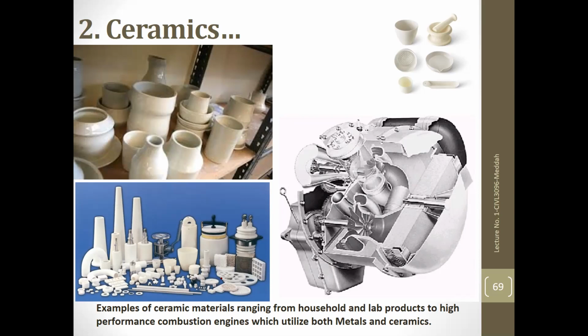So even engines of some machines and equipment have some parts made with ceramic materials because of the need for specific properties like hardness, and also high temperature resistance, and so on.